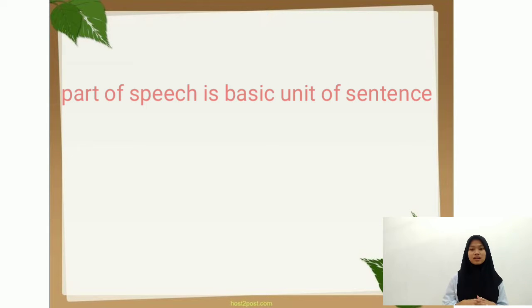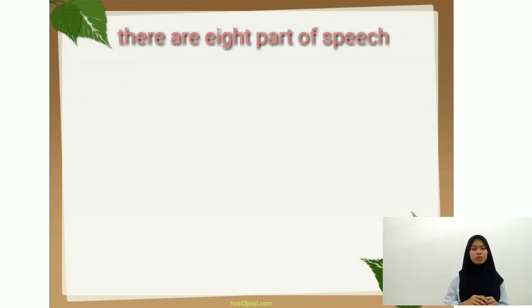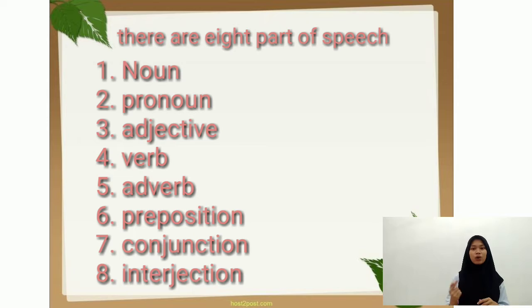To understand sentence structure, we must learn the basic units. There are 8 parts of speech. The first is noun, second is pronoun, third is adjective, fourth is verb, fifth is adverb, sixth is preposition, seventh is conjunction, and the last is interjection.